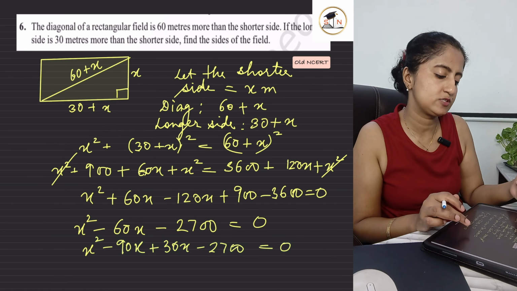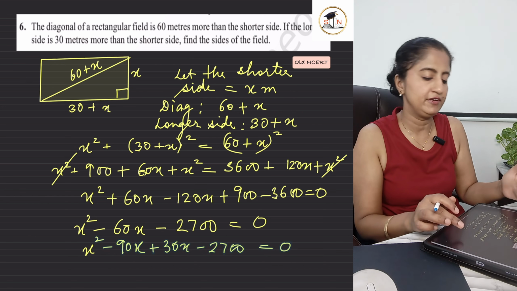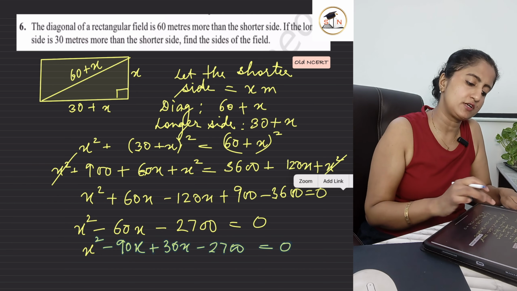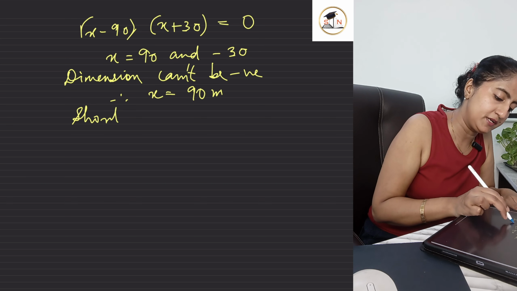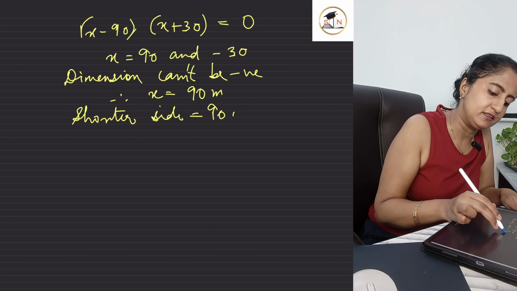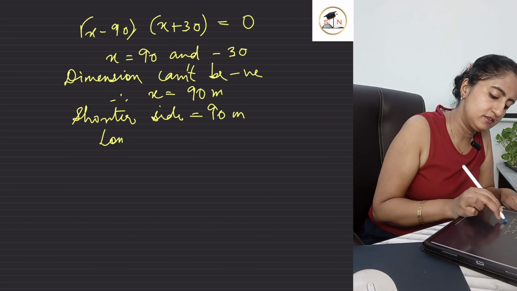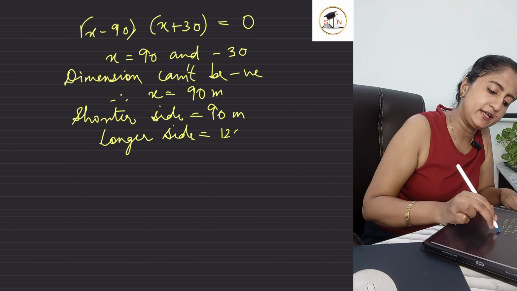And what was x? x was the shorter side. The question asked to find the sides of the field. So we have found the shorter side, right? Let's write down properly. Shorter side is 90 meter. Longer side is 30 plus x, so that means it's 120 meter.